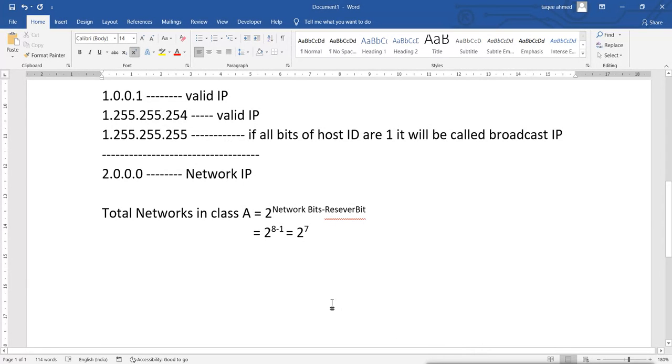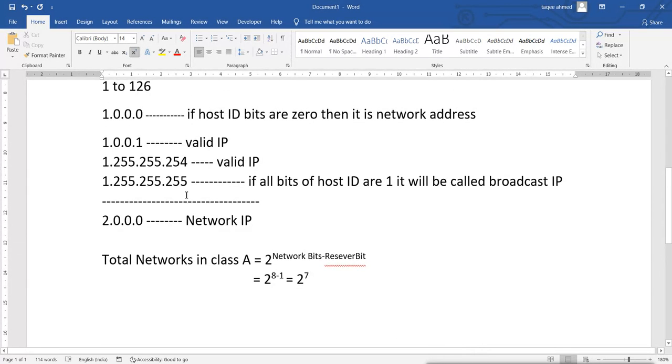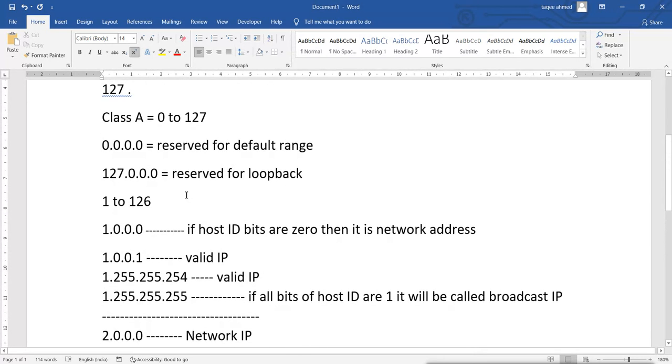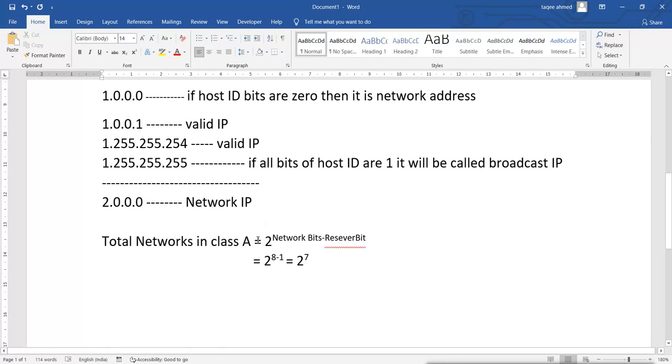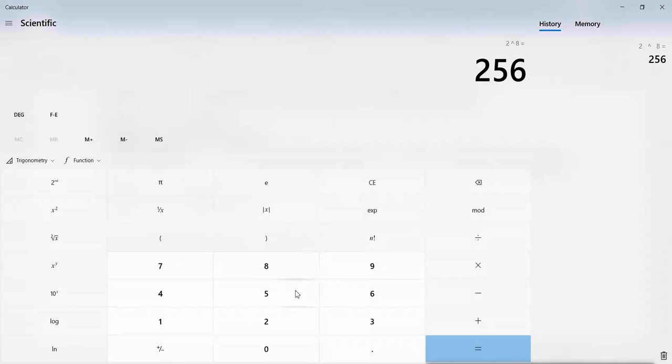That means it is saying you have 256 networks, but that is not true. We know that in class A we have networks from 0 to 127, which means 128. If you calculate 2 raised to the network bits, 2 raised to 8, you get a total of 256 networks. That is not true.